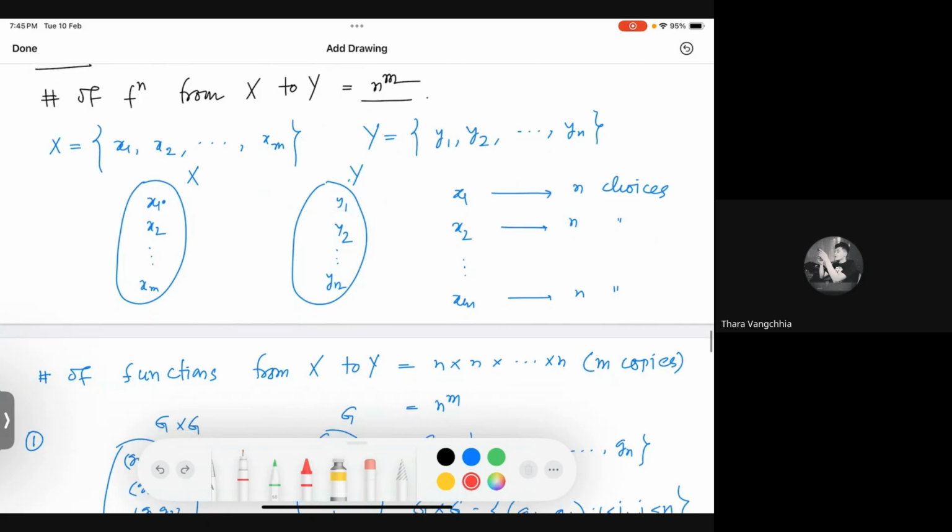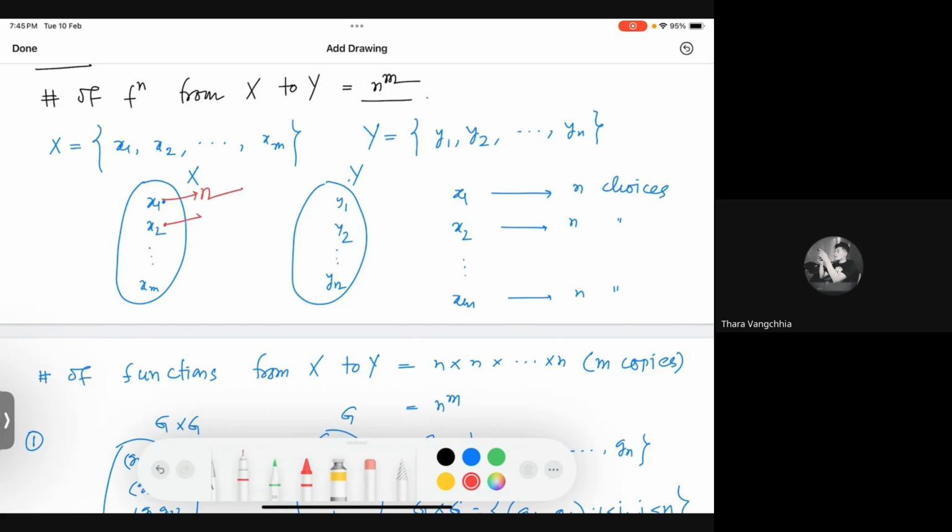For a function, X1 has n choices, right? It can go to Y1, or Y2, or Y3, up to Yn. So X1 has n choices.